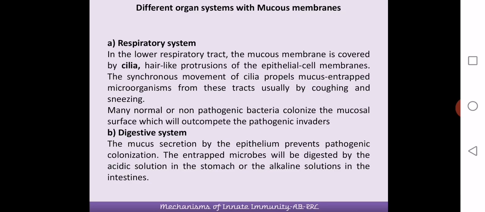And the second example is the digestive system. In the digestive system, there is a mucus secretion, and moreover there are digestive enzymes and solutions that are very antimicrobial in nature.